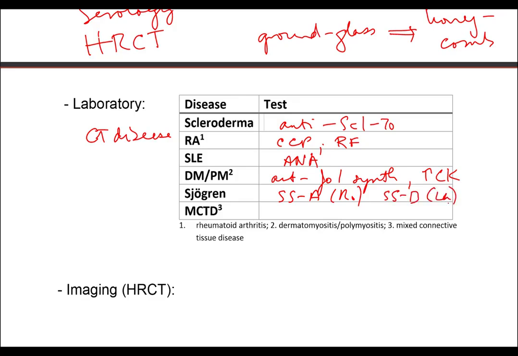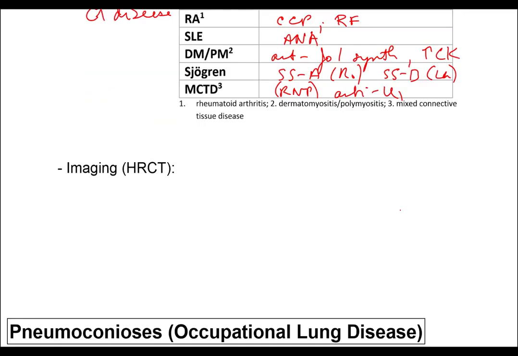And then mixed connective tissue diseases that presents with nonspecific joint and skin and other changes, usually over time ending up as being lupus or scleroderma. This is going to be our anti-ribonuclear protein antibodies, and the one that we usually start with is anti-U1. So that's a really basic table of serology, and one that you really want to practice and make sure you've mastered.